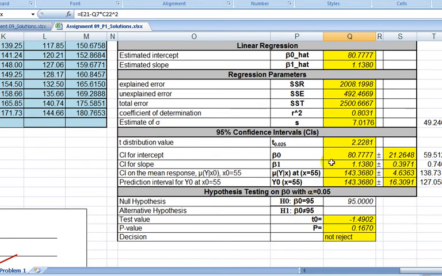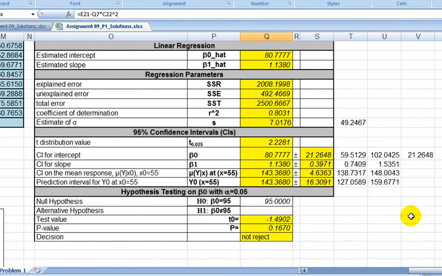The reason is, if you look at the confidence interval for beta naught based on this sample data, it is 80 plus minus 21 here, which gives us a mean value of this, a minimum value of this, and a maximum value of this. And our null hypothesis tests 95, and this 95 is actually within this confidence interval here. So you're not going to reject.